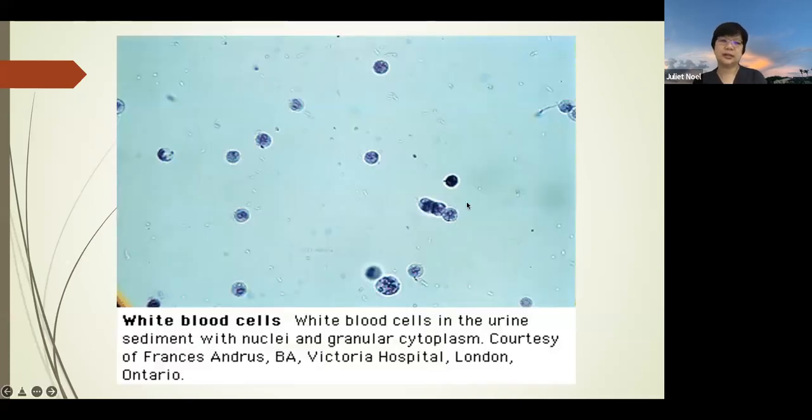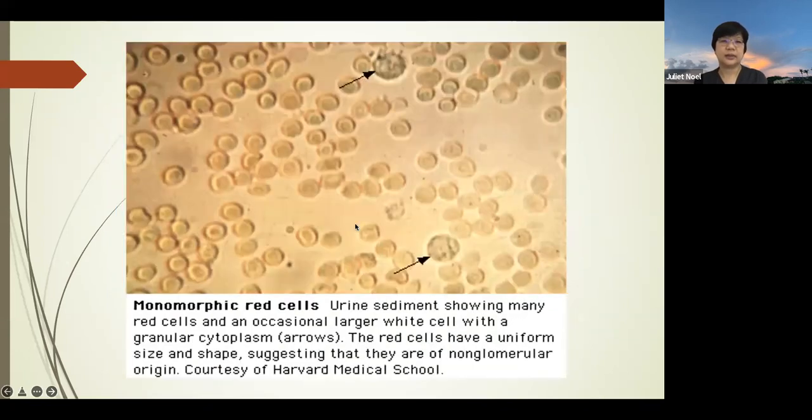So these are white blood cells, nucleated cells. These are red blood cells. If you look at the cells, they are monomorphic, meaning the same size and shape, with no abnormal shape of the RBC. Then most likely the bleeding is below the glomerulus, after the glomerulus.